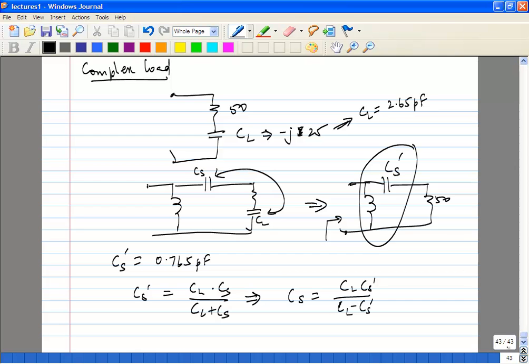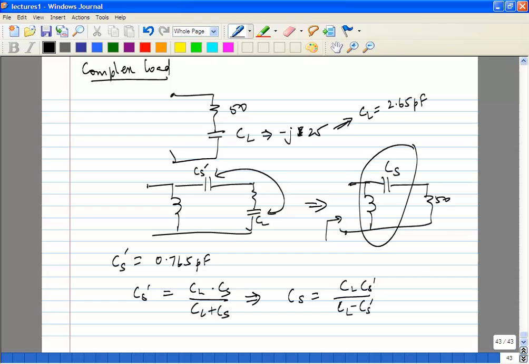Actually, I think in my notes I have used the other notation, so let's stick to one. Sorry, I'll do it slightly differently. These are the notes which are posted on the web, so I want to make sure you don't have any confusion. I believe I have used CS prime here, and I've called this CS because that makes it the same as before.